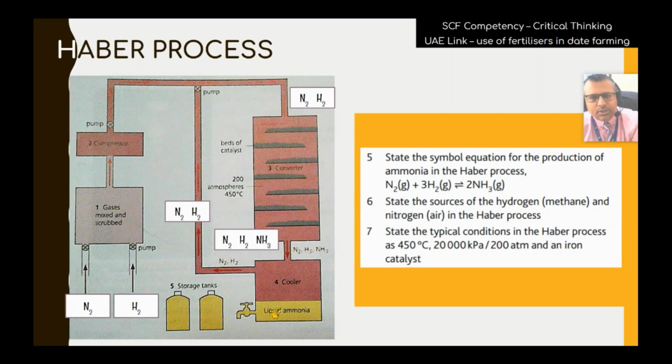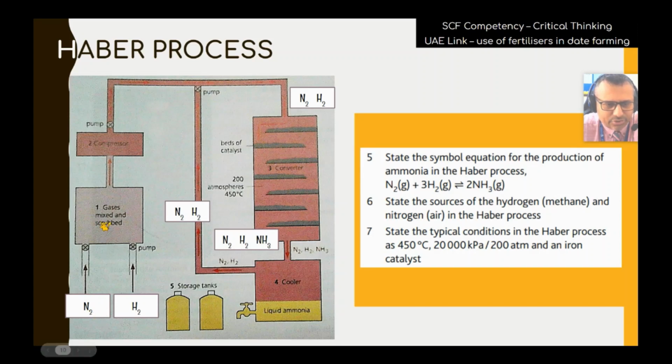Okay, so what is the process? There's a nice big diagram on the left-hand side just to help explain it. Let's assume that you've got your source of nitrogen. You've reacted the air with hydrogen to remove the oxygen. If you didn't remove the oxygen, you would actually have an explosion later on in the process.